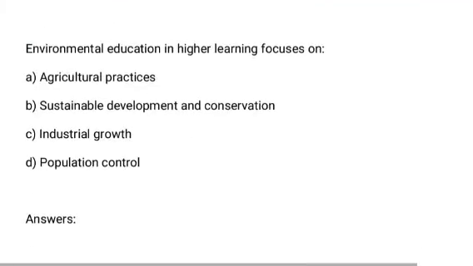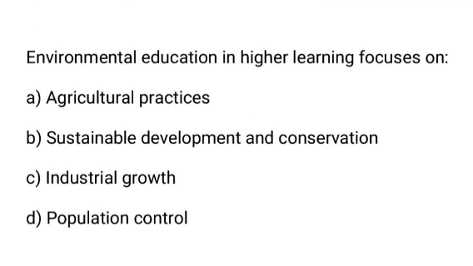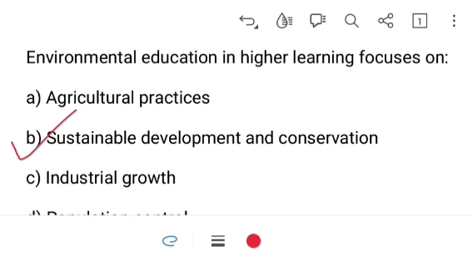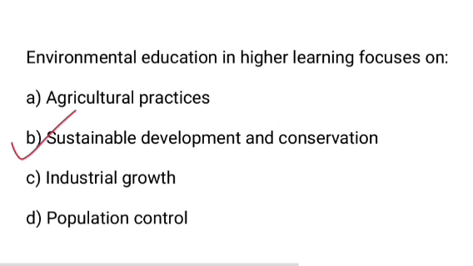Next, environmental education in higher learning focuses on what? Agricultural practices, sustainable development and conservation, industrial growth and population control. So it will be sustainable development and conservation. That is the focus of higher learning in the context of environmental education.